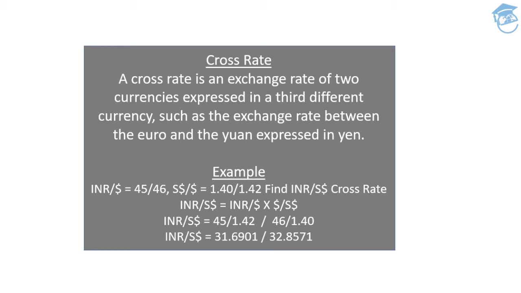I have got a quote which says you need to buy this currency, another currency. So it will consider the base currency accordingly. Base currency is always the one provided on the LHS, that is, the left hand side of the quote. So always take both these things into consideration and you will never get confused.